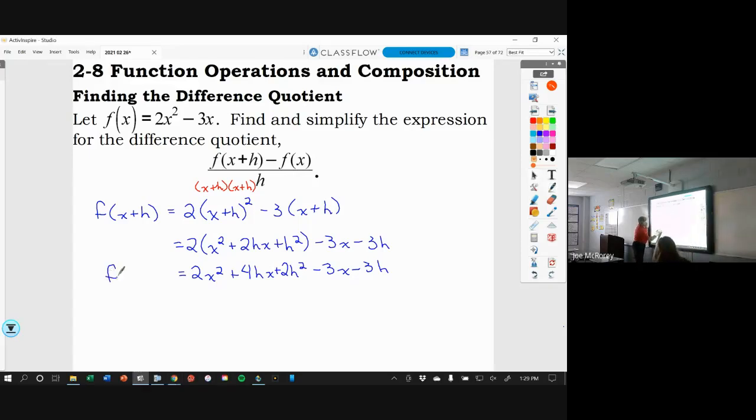So this is f of x plus h. What I'm going to do is subtract f of x, so this would be a minus 2x squared. Y'all with me there? Plus 3x. Because f of x plus h is right above it and those happen to be the same terms, I'm able to line them up.